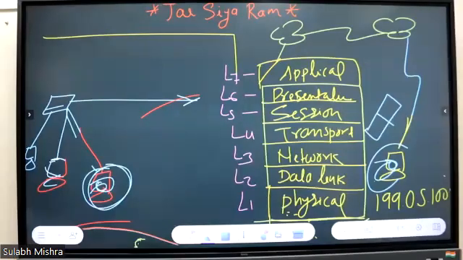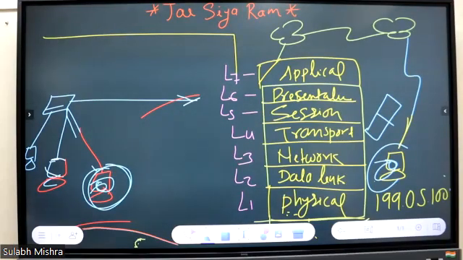Now, which devices work on which layer? For layer 1, write which devices work in layer 1: cables, connectors, fiber, hubs, and repeaters. Then NIC, the network interface card, where we configure the IP address.